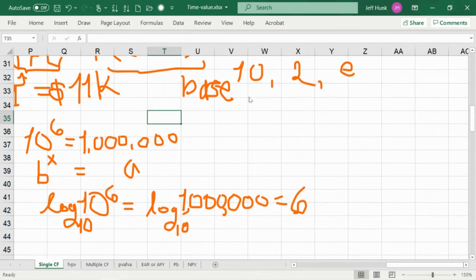Other numbers can be the base, but they are not commonly used, and it's not easy to visualize what that number might be.